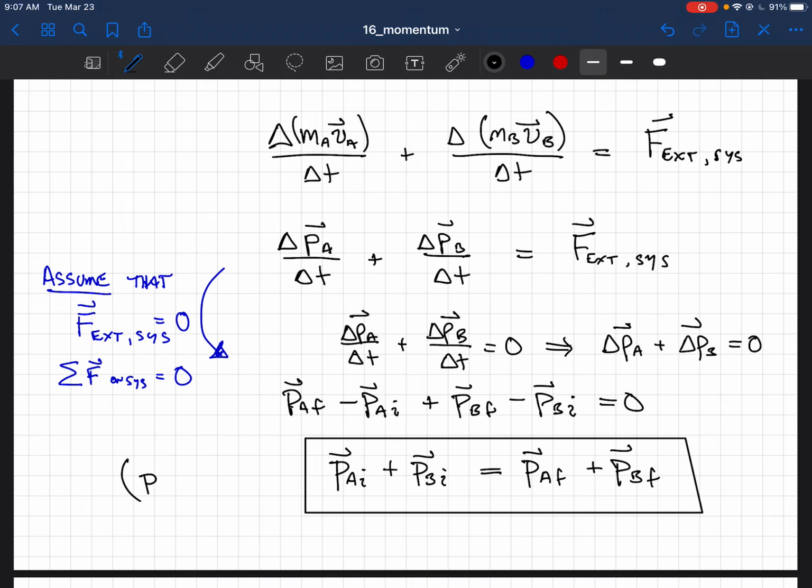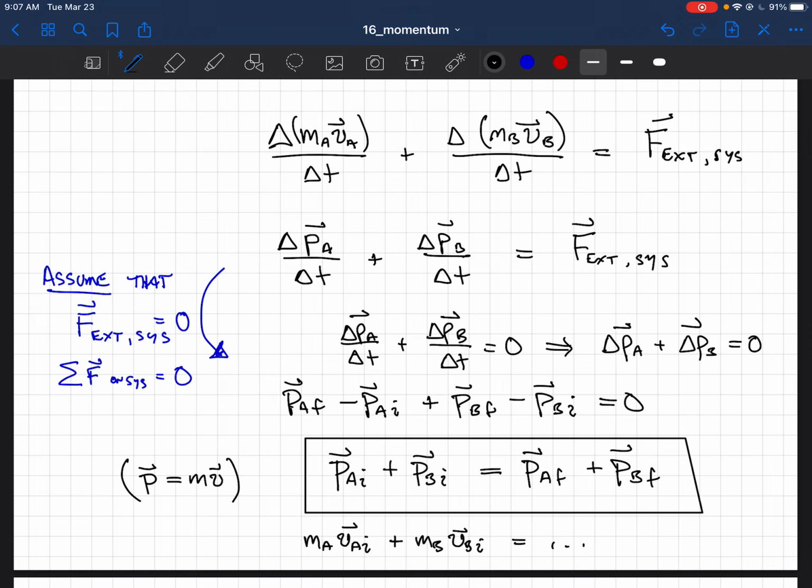And I should just write, to remind you, that P, this new quantity P vector, is m times v. So we need to know what that means in this equation. So it really says mA vA initial plus mB vB initial is equal to, etc., mA vA final.